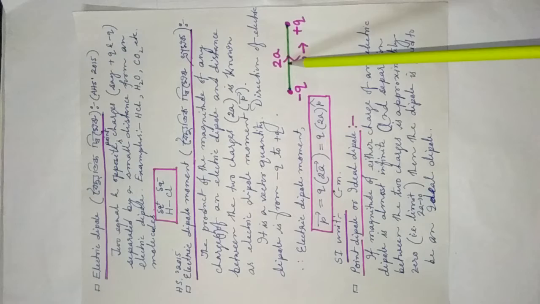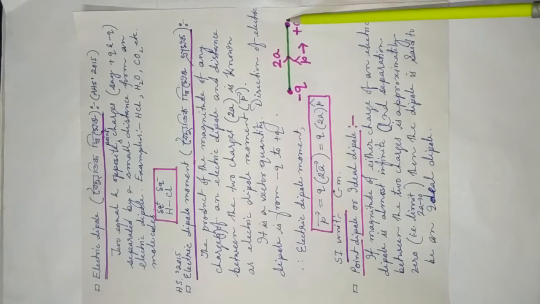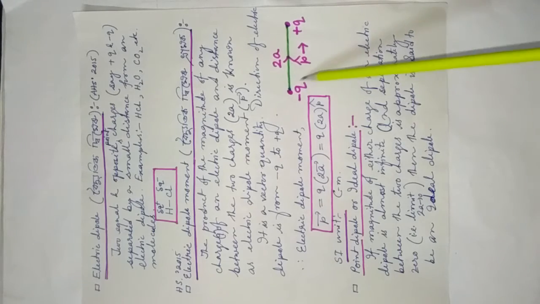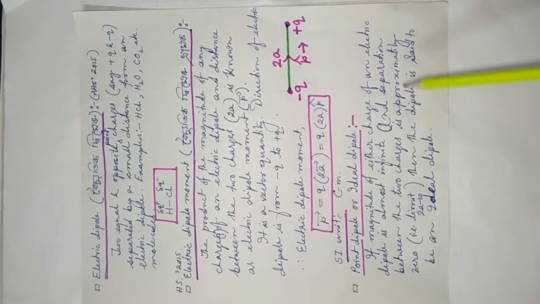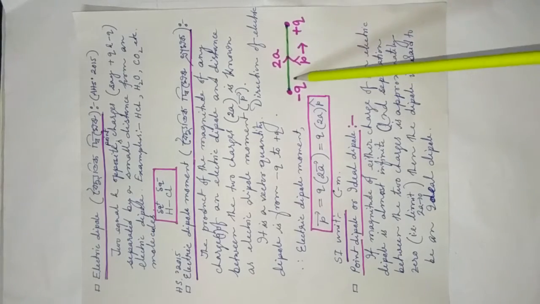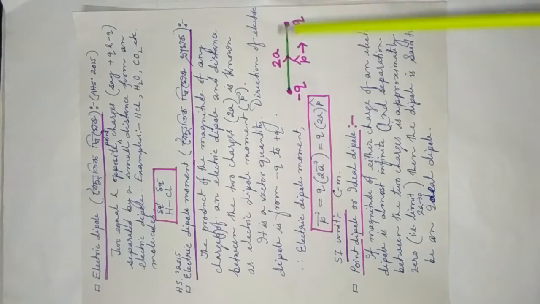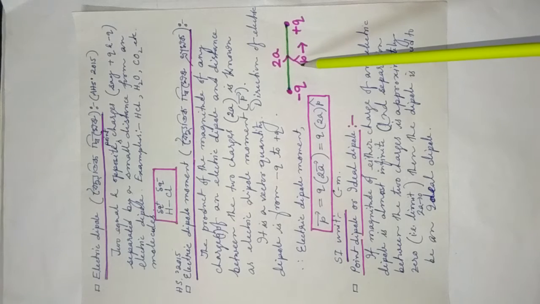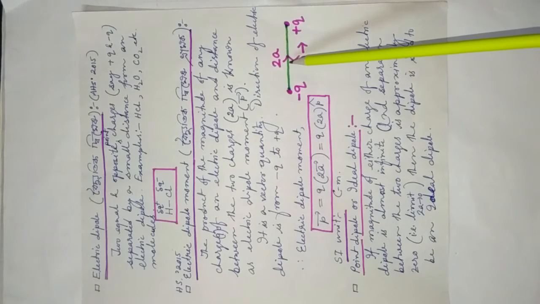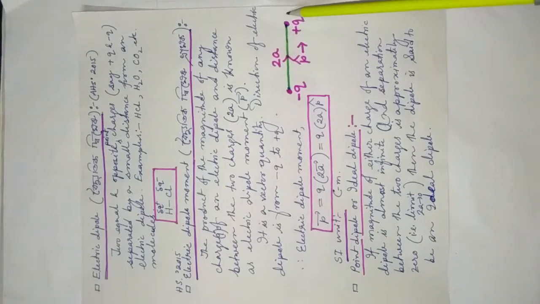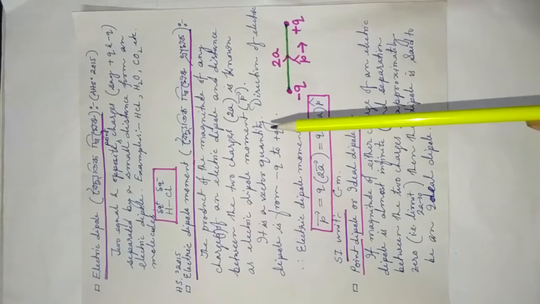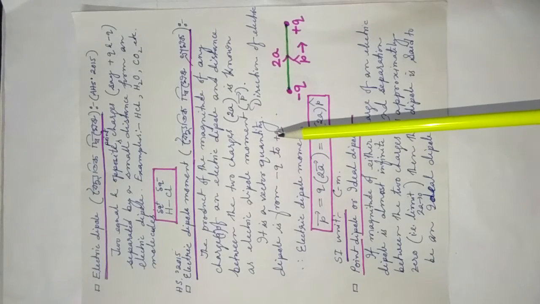Actually, if you add vectorially the contribution of the minus q charge and plus q charge, that means whatever electric field intensity the minus q charge produces, suppose E1, and whatever the plus q produces, suppose E2, and if you find the electric field intensity at different points, we will get that their resultant will never become zero.